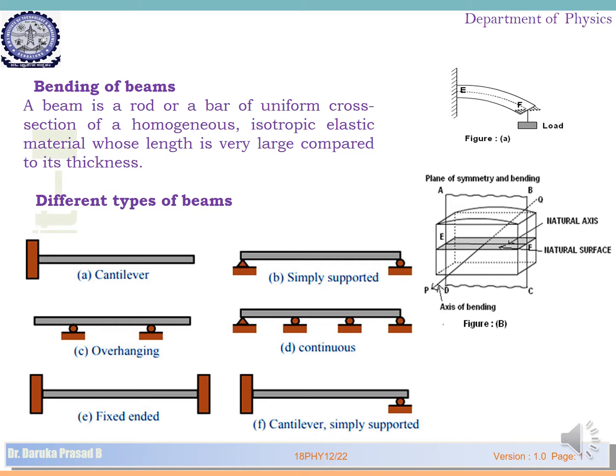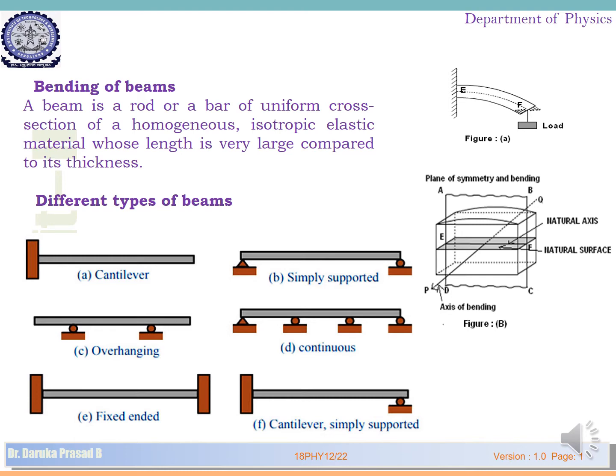All the planes above EF along the AB line get expanded, and below EF the planes near DC get contracted. The outermost surface, AB, expands the maximum, and on the downside the lowermost layer, DC, contracts the maximum. Here the axis of bending is along the PQ plane.